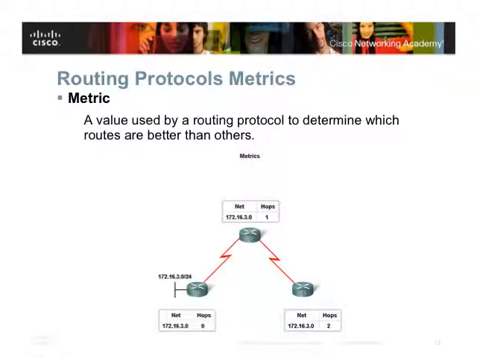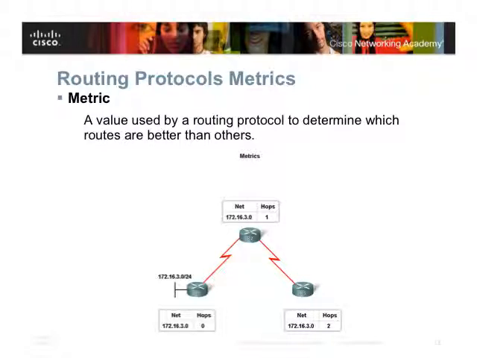Routing metric is the way for me to evaluate the best path. As we said, I need to know the direction where the packet should go, and that's based on whether this direction is better than this direction.